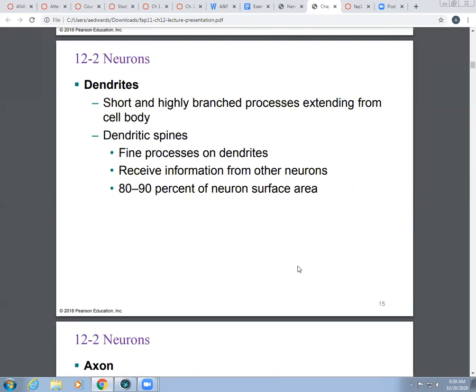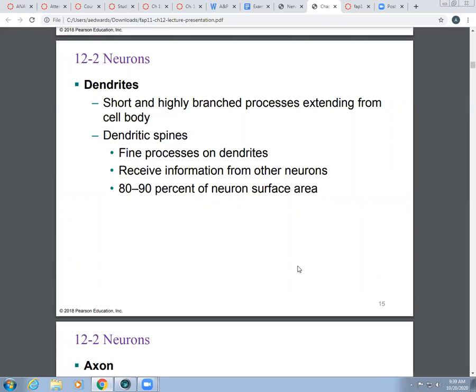So the dendrites. These are short branched extensions from the cell body. Now, in the dendrites, we have what we call dendritic spines.